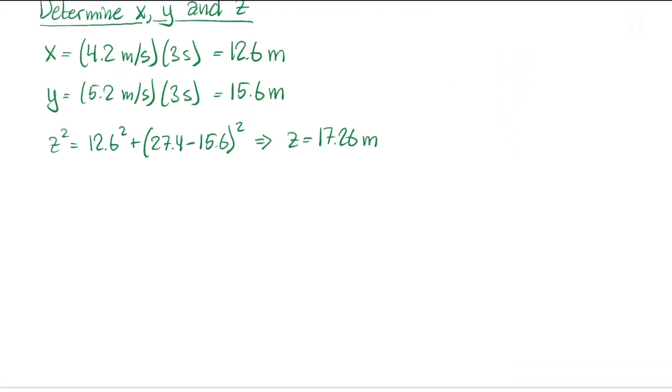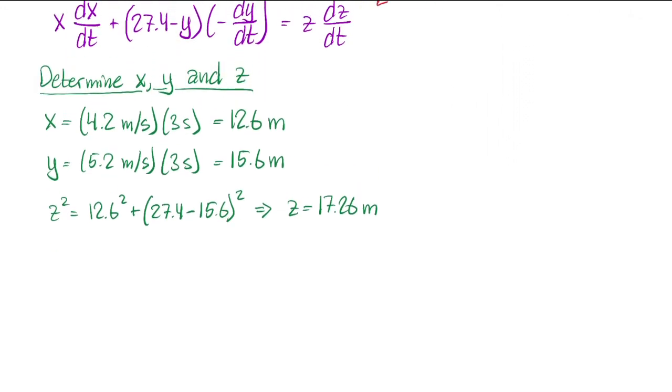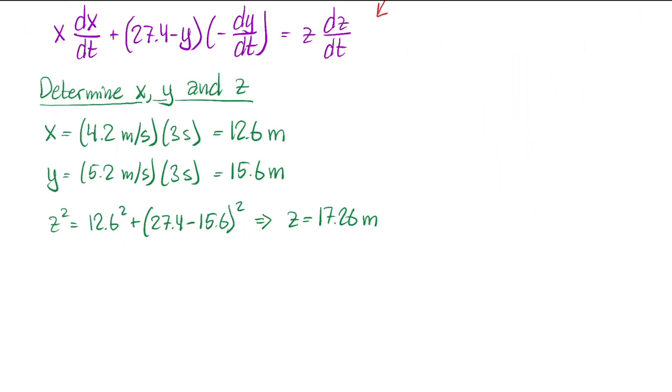So we're going to get 12.6 times 4.2 plus 27.4 minus y, my y was 15.6, times negative dy dt was negative 5.2.